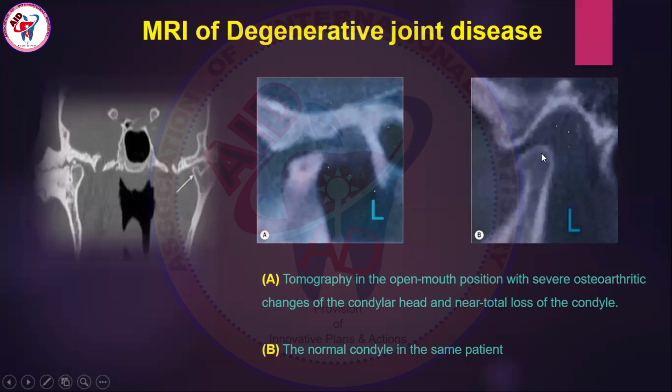If you see this portion B, it was normal, but when this was diseased, you see this is a flattening of the joint. Here there was a complete joint, and when it was diseased, there was flattening of the joint, and there is no disc, and everything is gone.